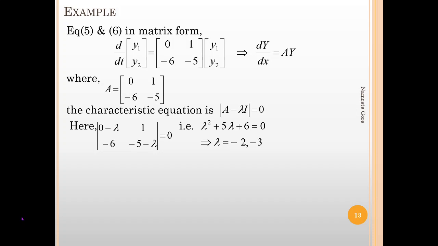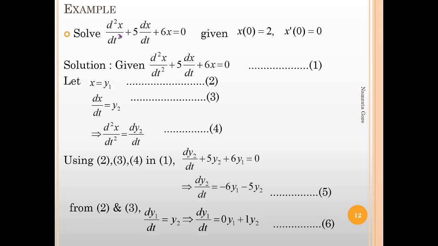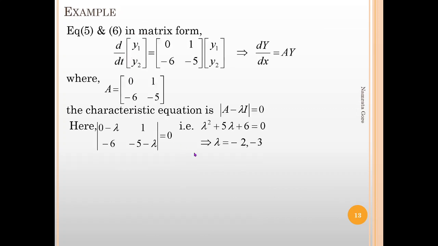Now with these three examples, I think you must have observed that this is d square x by dt square plus 5 dx by dt plus 6x equal to 0, and you get the characteristic equation as lambda square plus 5 lambda plus 6.